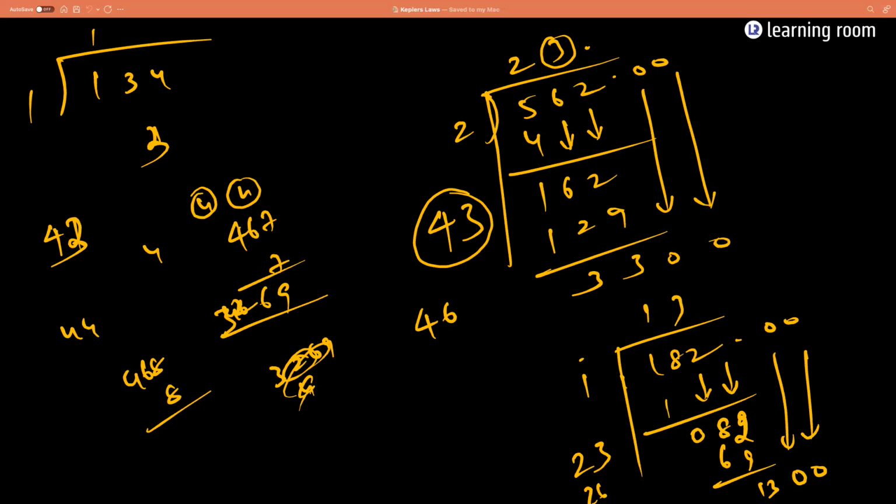Because here I'm getting 1300. So if I put 4 here, what will I get? Is the difference less than 264? Yes.